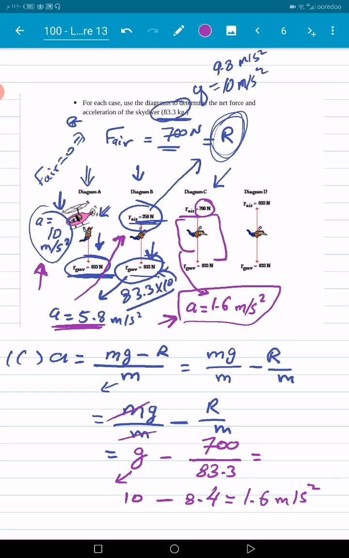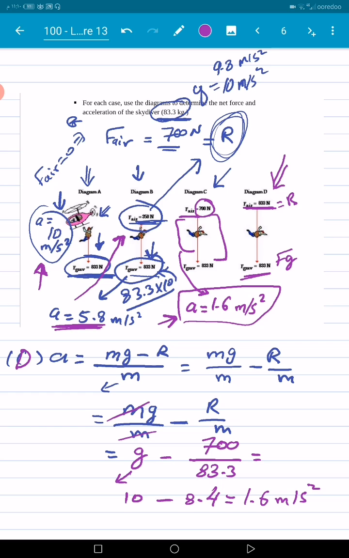Now the fourth diagram, diagram D, when the F air or R is equal to the Fg. What is the acceleration?